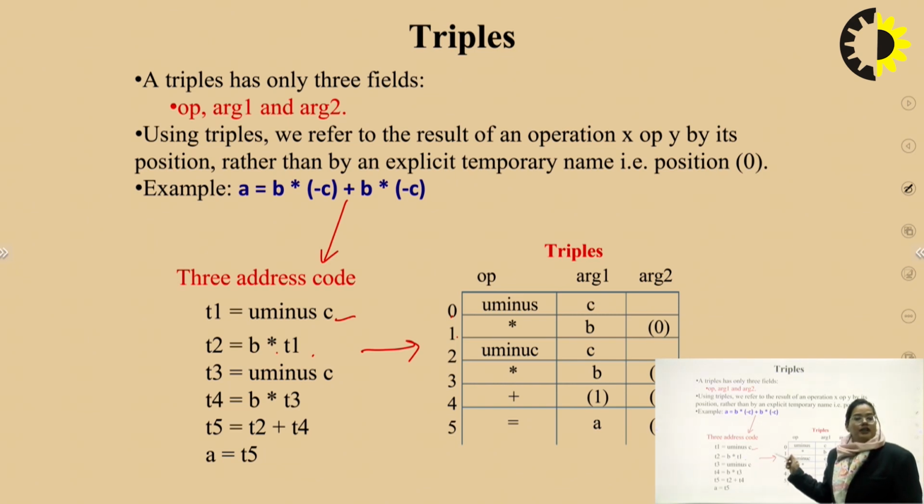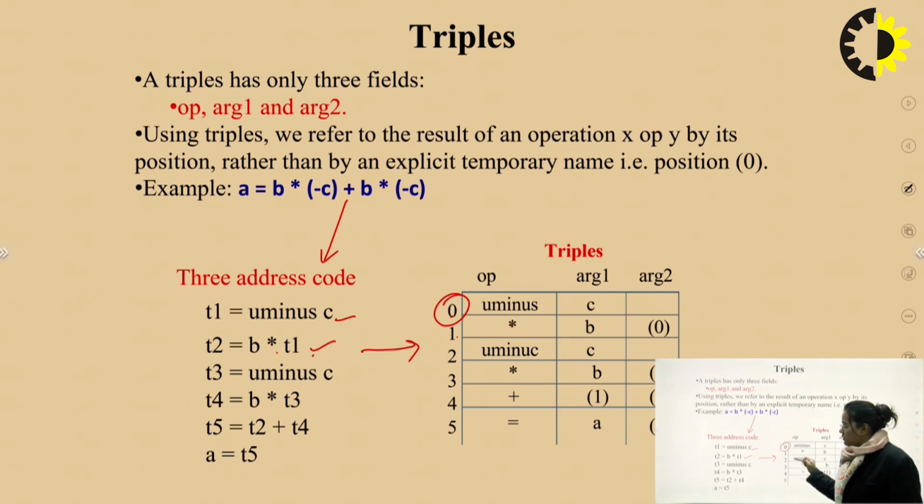But we cannot represent T1 in a triple, and T1 is at position 0, so instead of T1 we write 0: multiply B and 0.